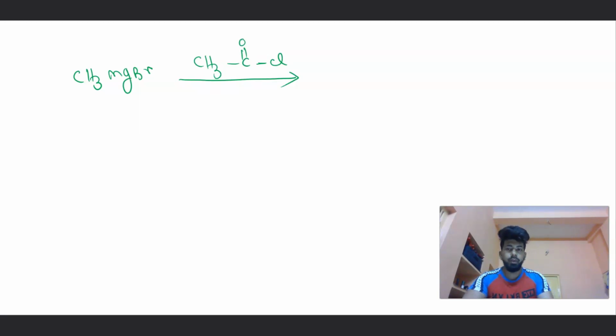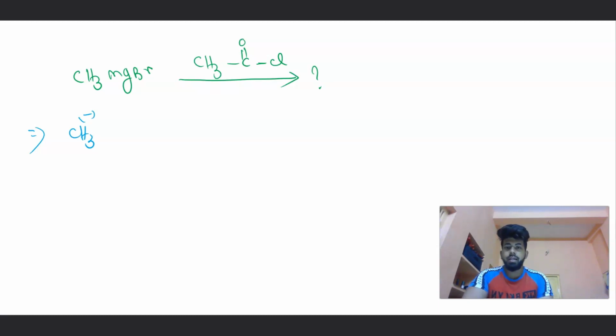So what will happen here? What is our first step? Our first step is you have to dissociate the methyl magnesium bromide. After dissociation, it will become CH3 minus, right? Which is highly unstable and will be reactive.